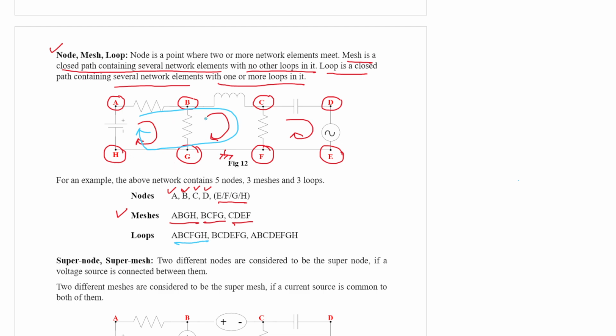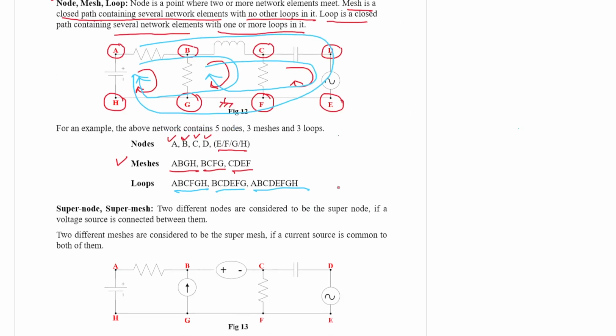The second one could be BCDEFG. And the third one could be the entire thing, ABCDEFGH. So a mesh is the elementary or smallest closed path which contains no other closed path inside, and a loop is also a closed path, but it can contain more than one mesh or loop in it.